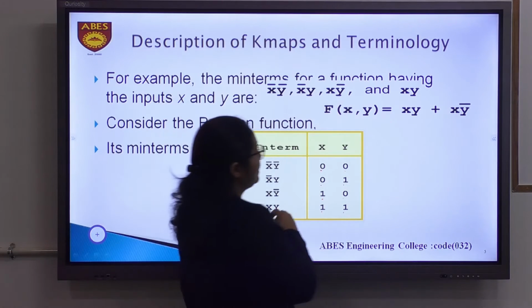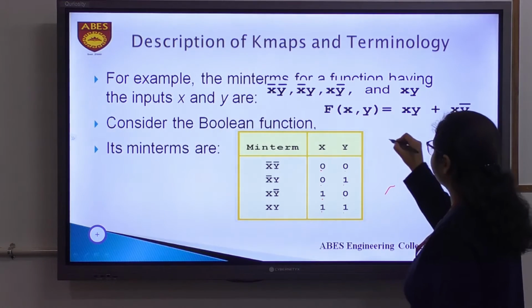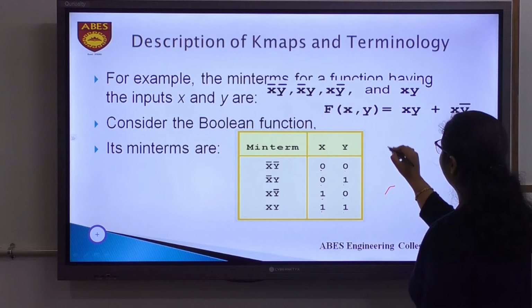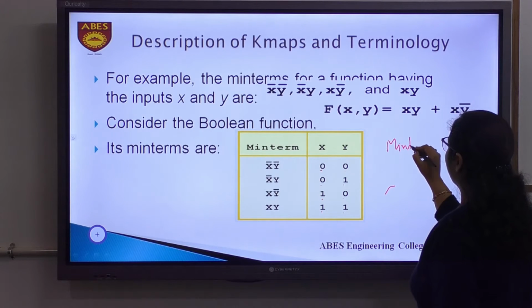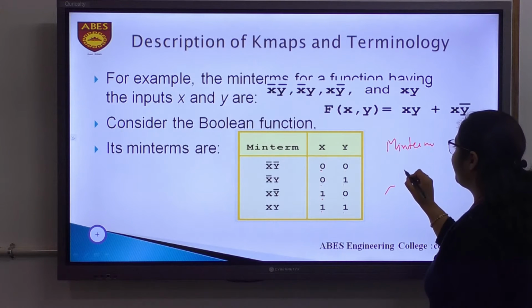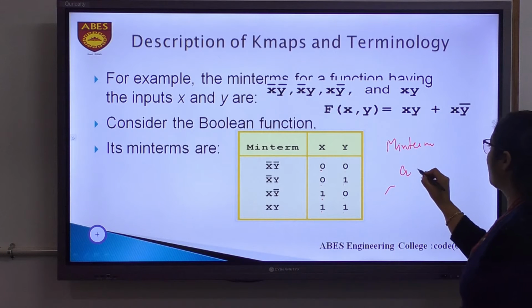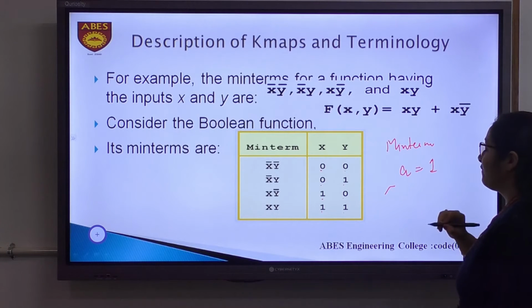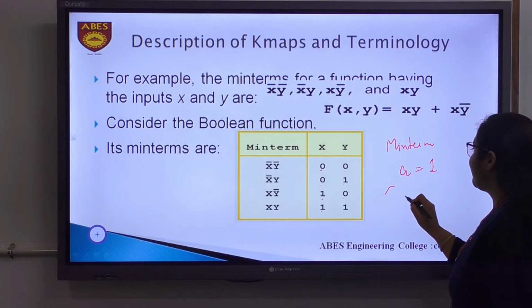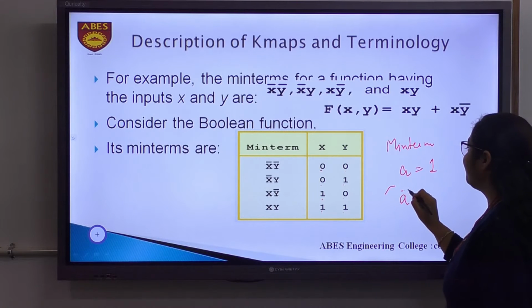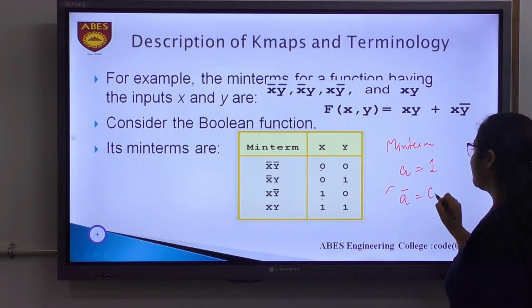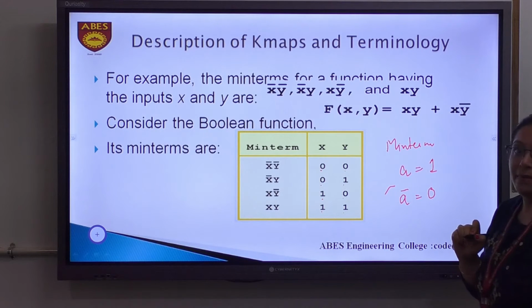Always remember that when we talk about minterms, we represent a variable in direct form as the value 1, and if we represent a variable in its complemented form, then its value is 0.